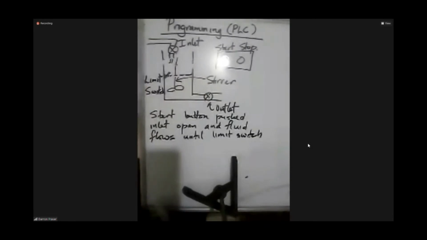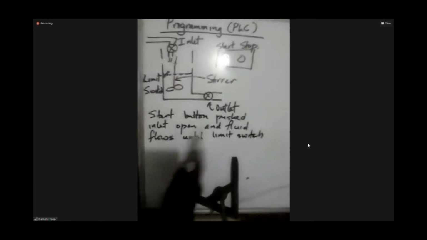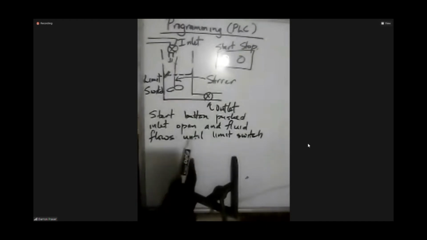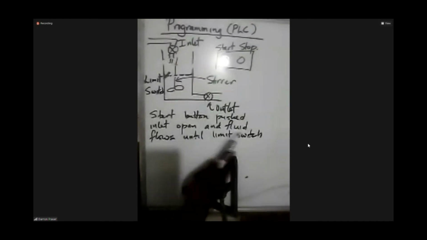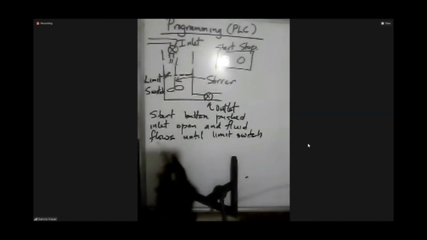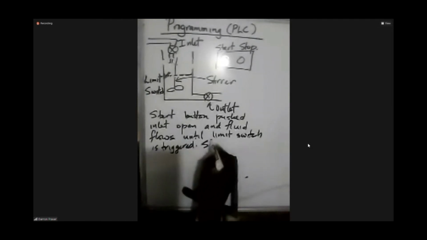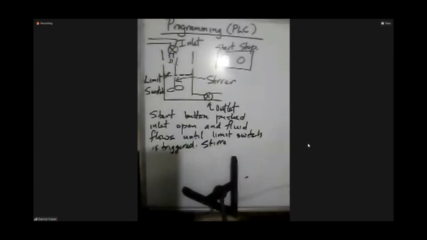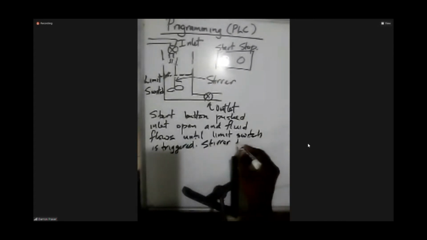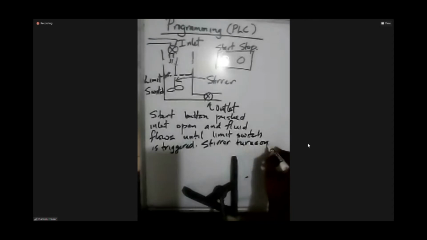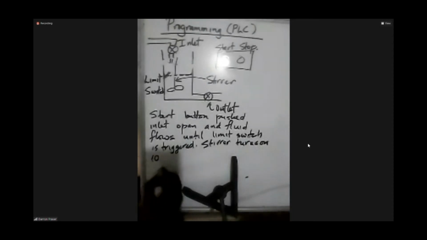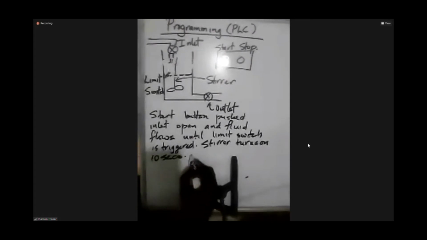So we say that, just writing brief notes here: you press the start button, and the inlet opens, fluid flows until the limit switch is triggered. The stirrer turns on, let's say 10 seconds. And then after that, the outlet opens.